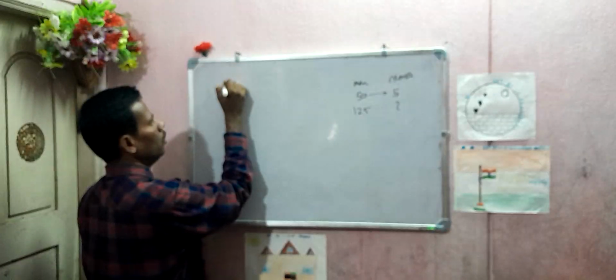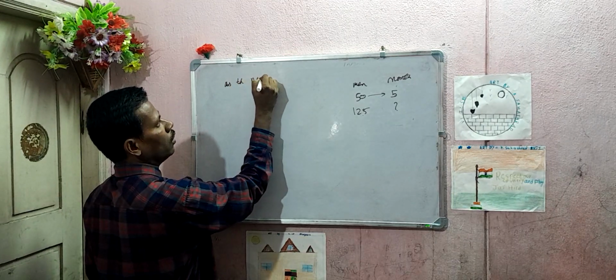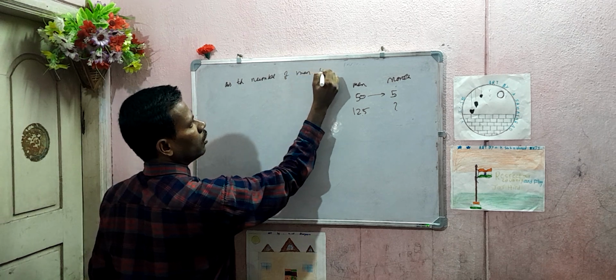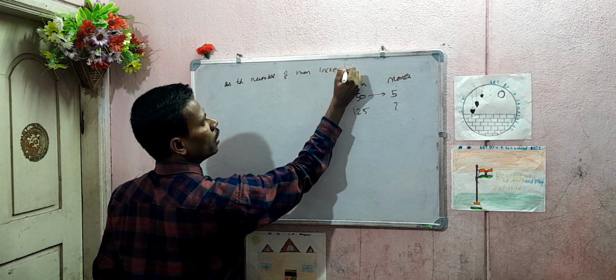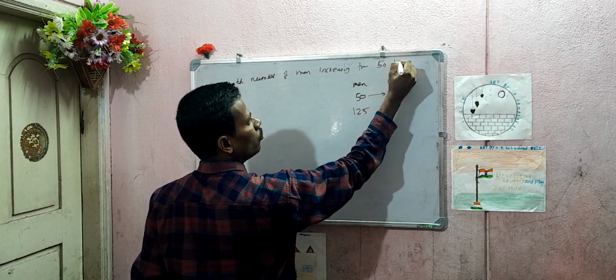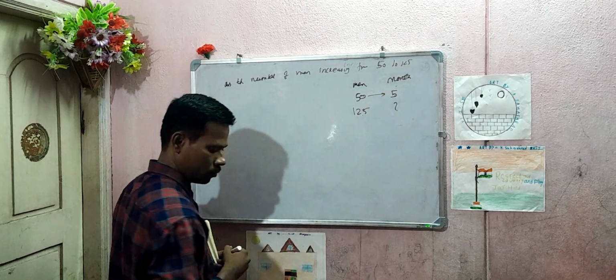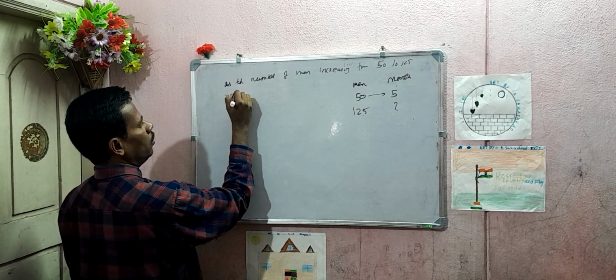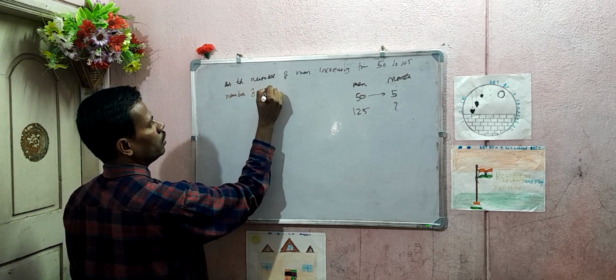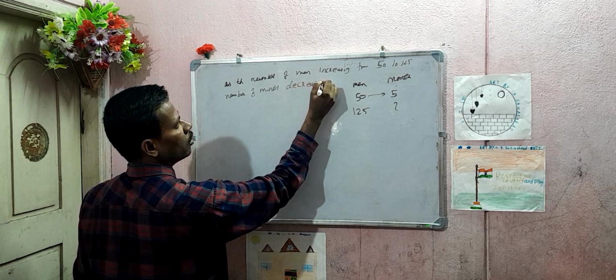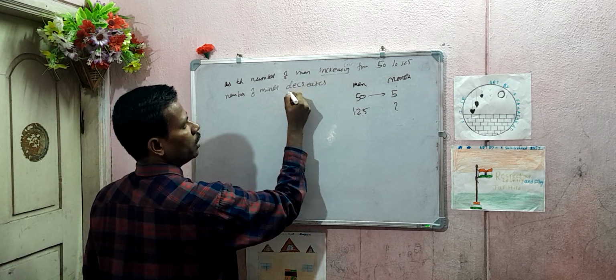So as the number of men increases from 50 to 125, the number of months decreases. Increasing, decreasing.